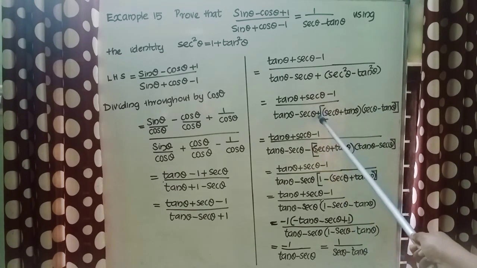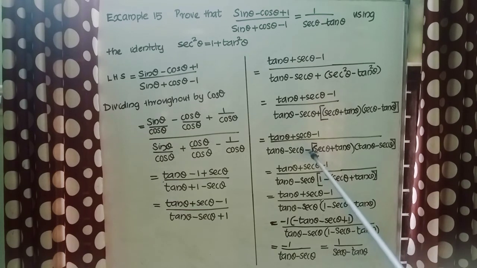Now it is plus, let us make it minus. So we can write that is equal to (tan theta plus sec theta minus 1) whole divided by (tan theta minus sec theta minus (sec theta plus tan theta) into (tan theta minus sec theta)).